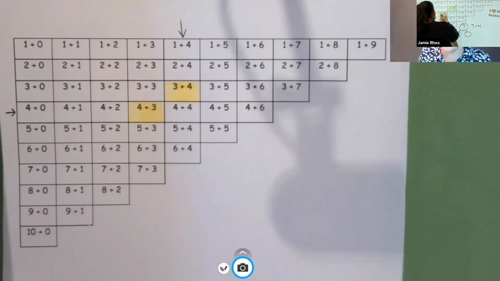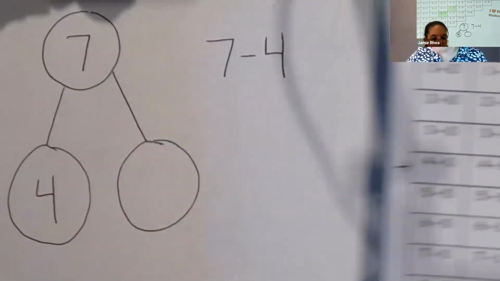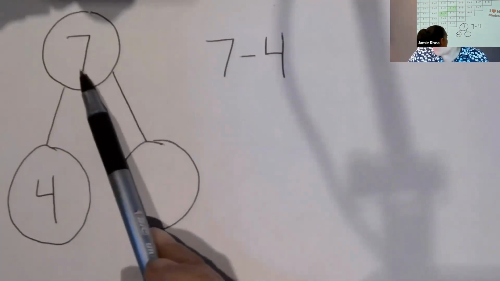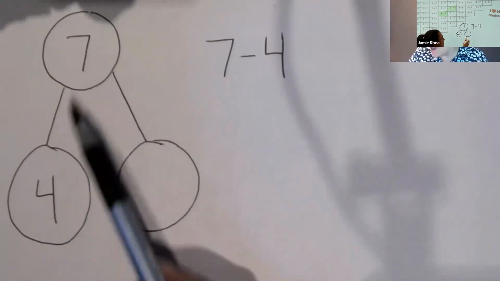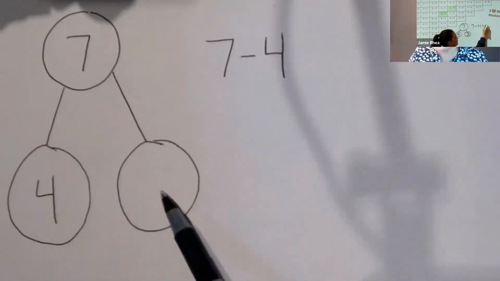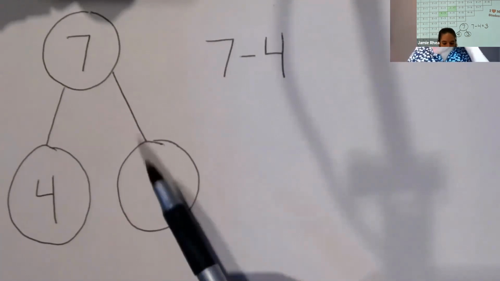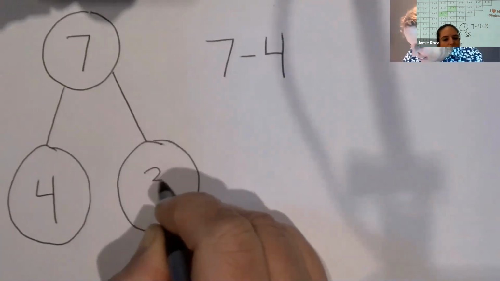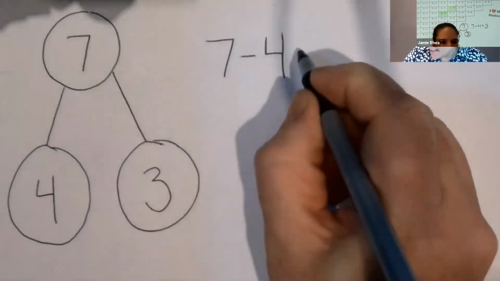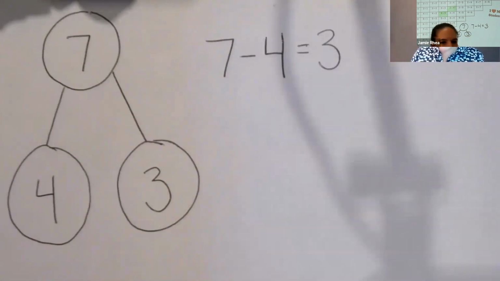All right, we're ready to finish up our number bond. We knew that the total or the whole was 7 and one part was 4. What was our missing part? We determined that it was 3. Excellent. So 7 minus 4 equals 3.